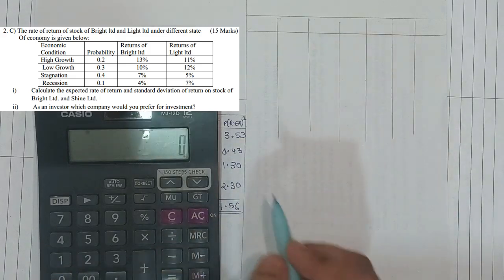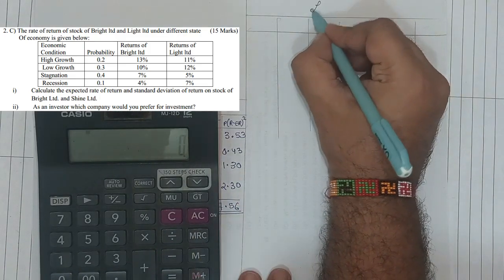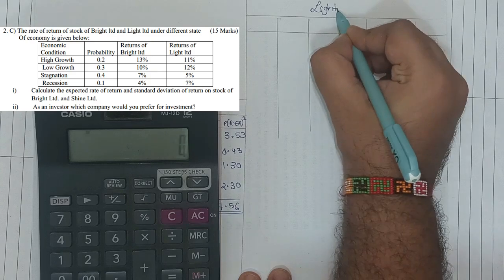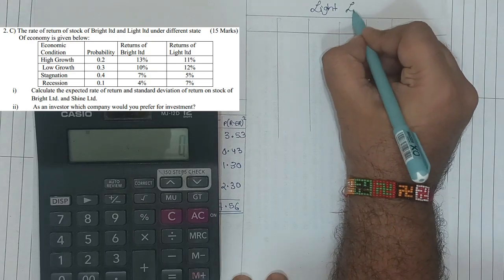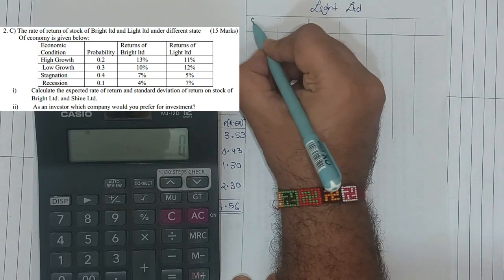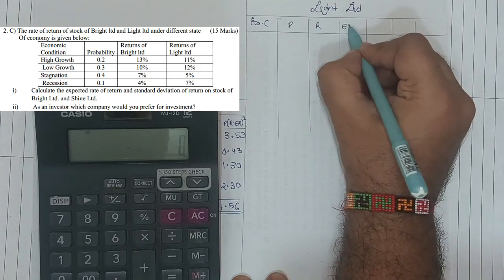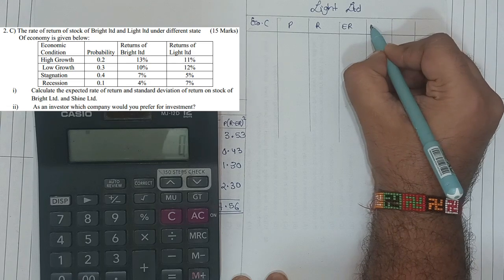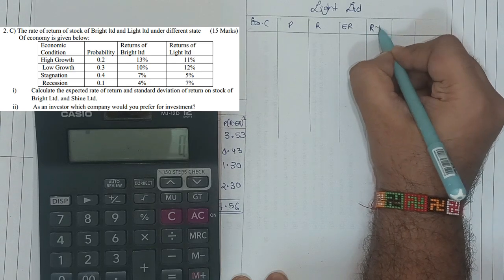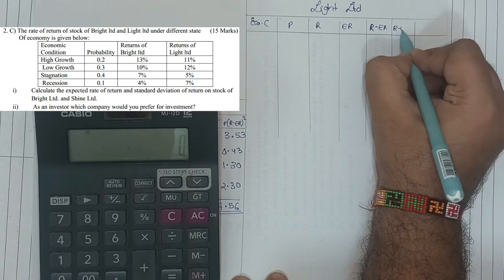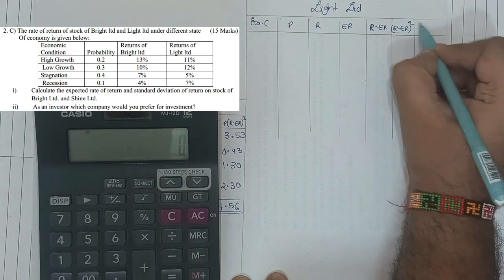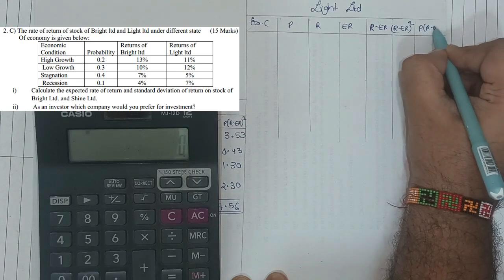Same way, now we'll start with the other one. After Bright we have Light Limited. Based on the same logic, we have economic condition, probability, returns, expected return, then R minus expected return, the square of R minus expected return, and then probability into R minus expected return the whole square.